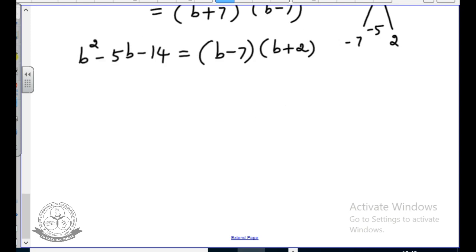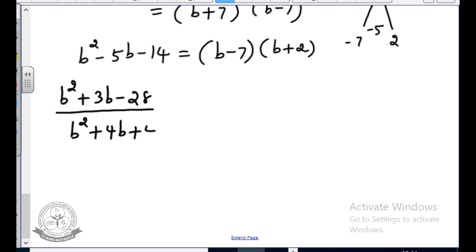So again you should write the question here. b square plus 3b minus 28 divided by b square plus 4b plus 4. Instead of divide, we should do the multiplication by the reciprocal of the second expression.